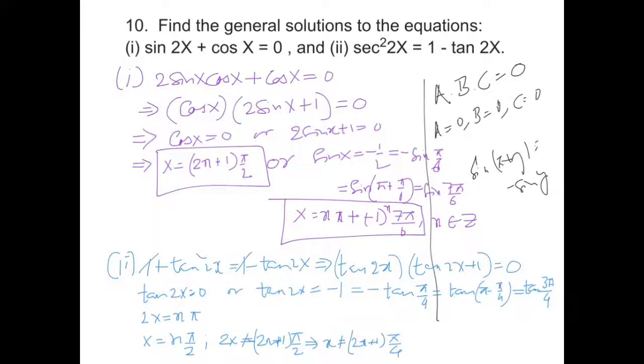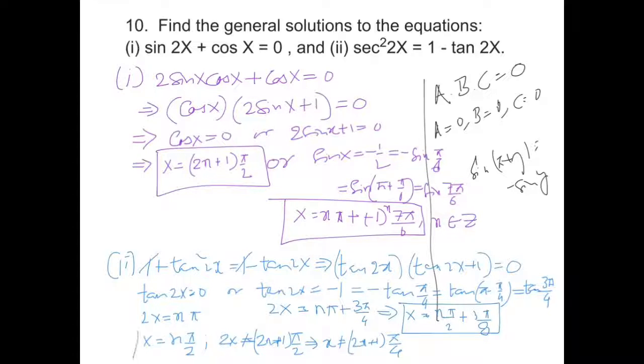So we have the equation tan 2x equals tan 3 pi by 4, and we know that the general solution for that equation would be 2x equals n pi plus 3 pi by 4, and therefore x equals n times pi by 2 plus 3 pi by 8, and that is our second possible solution.